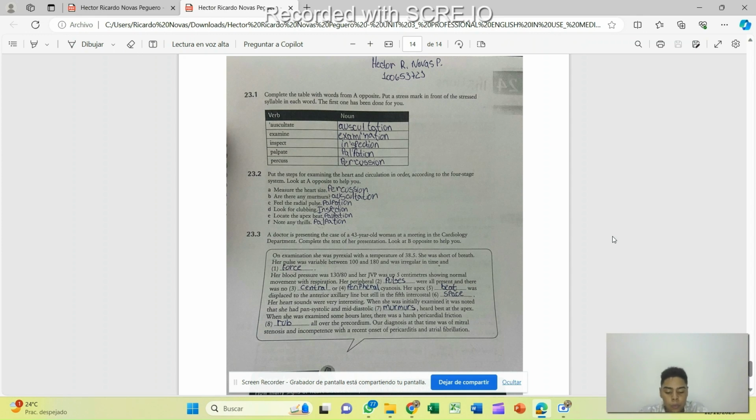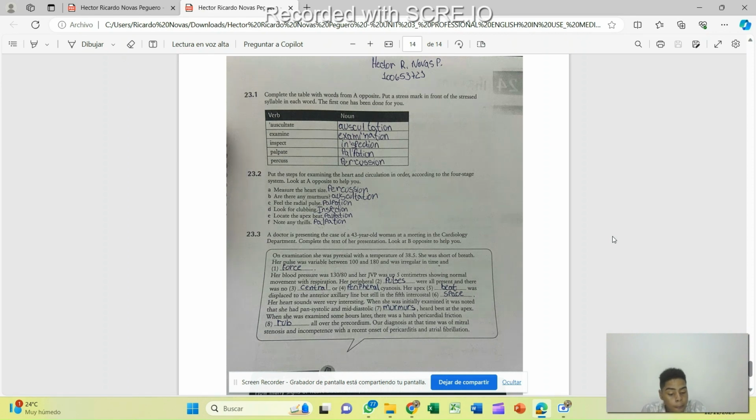Her pulse was variable between 100 and 80 and was irregular in time and form. Her blood pressure was 130/80 and her JVP was up 5 centimeters, showing normal movement with respiration.